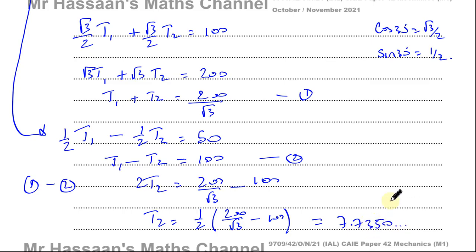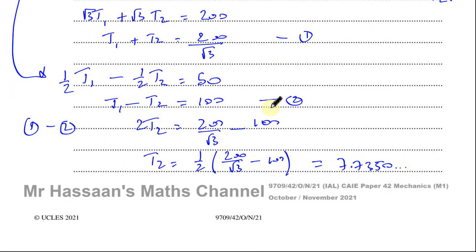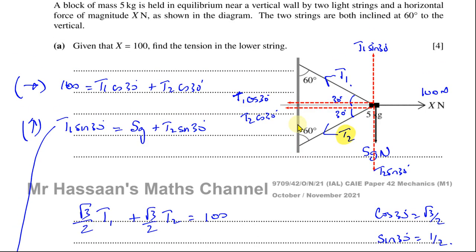We want to give our final answer to 3 significant figures. So we can say, therefore, the tension in the lower string is 7.74 newtons. Okay, and there's the answer to this question. That's part A, the tension in the lower string.